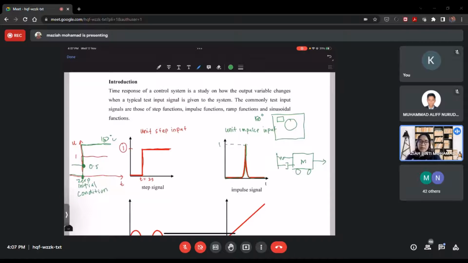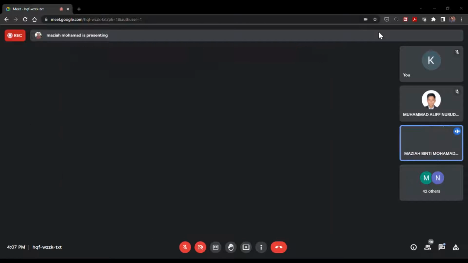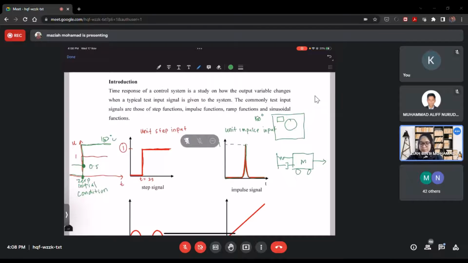You pull and release, so that is an example of impulse input. If you pull the mass and hold the force there, then it is a step input. But if you pull and release, that is impulse input.